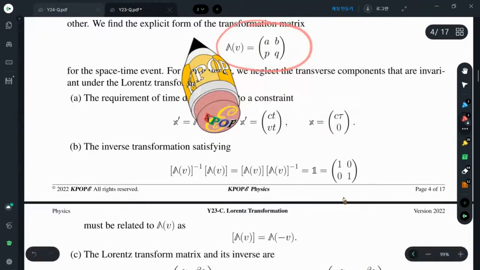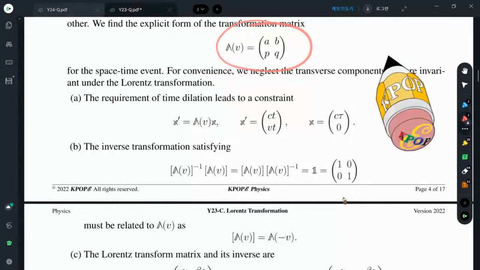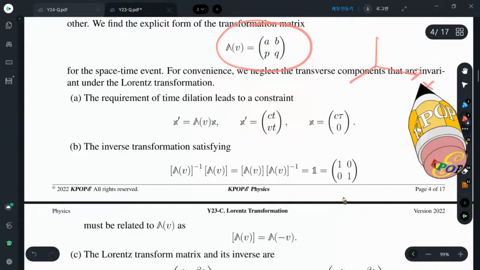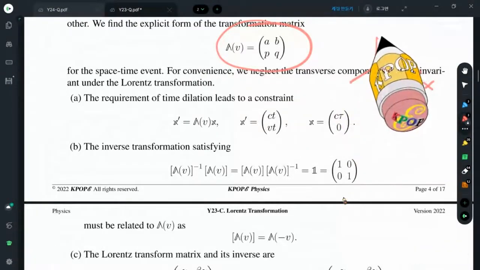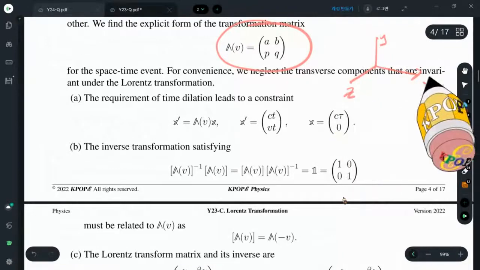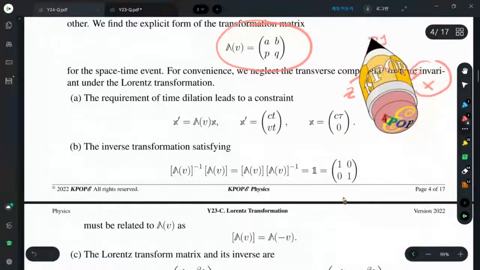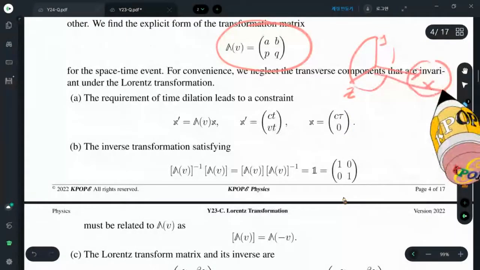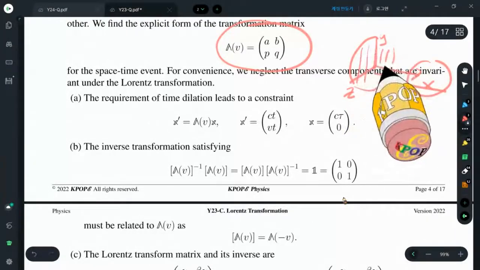First, we assume a 2x2 matrix. We know there are three directions, x, y, z, but the direction perpendicular to the relative motion is invariant.